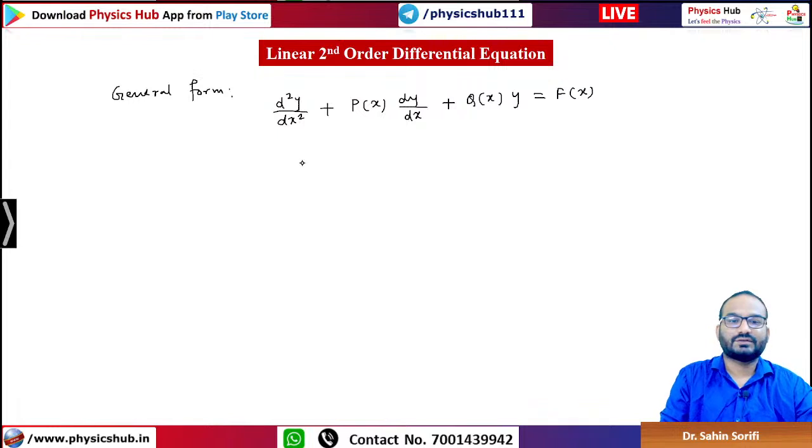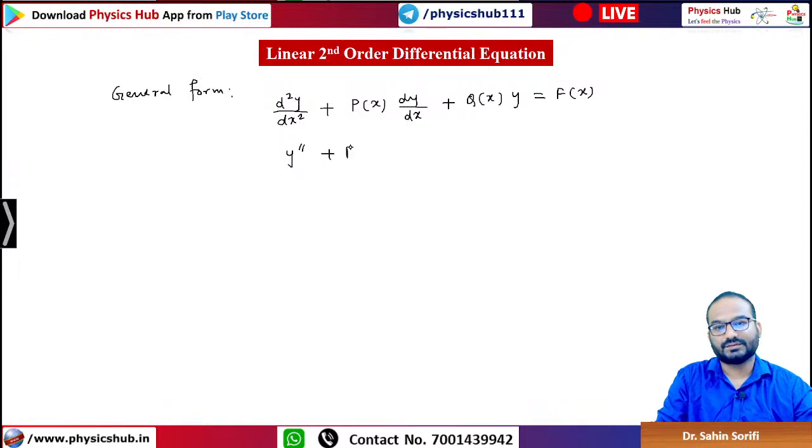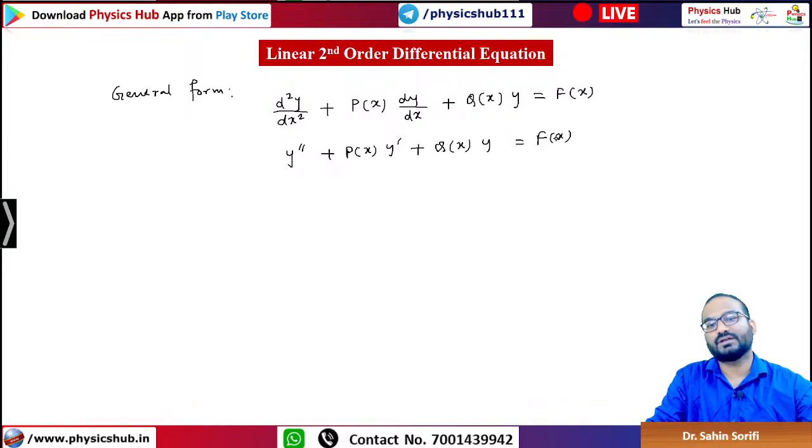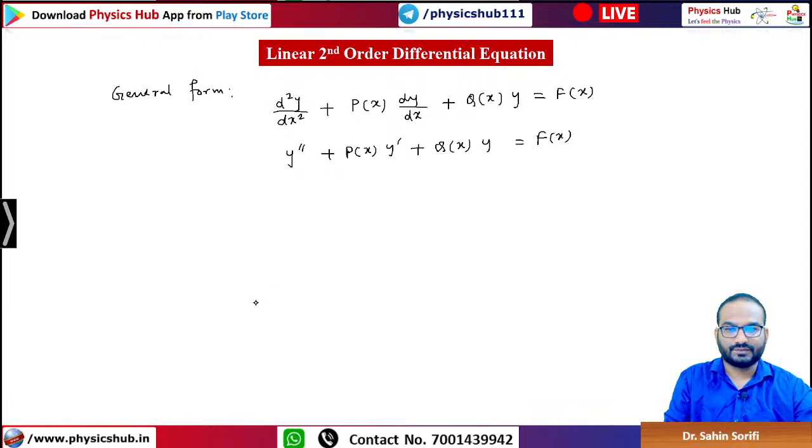Now in shorthand notation you can also write it in this way: y double prime plus p of x y prime plus q of x y, this is equal to f of x. So this is the general form of second order differential equation.